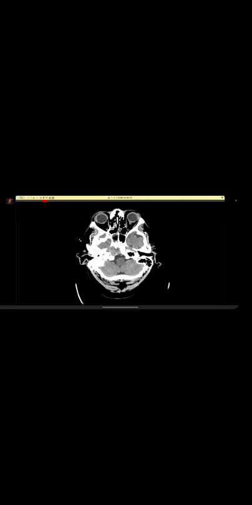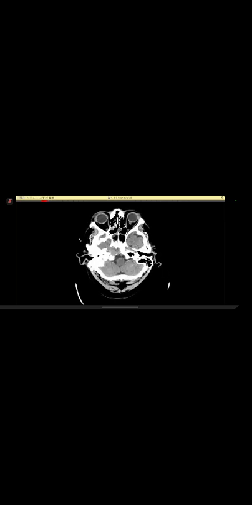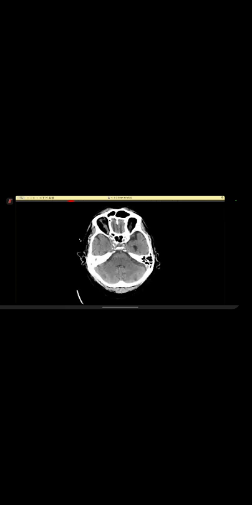As I can see, there is erosion of the right apex of petrous bone and the pterygoid plates. It's extending up to posterior to the sphenoid sinus.